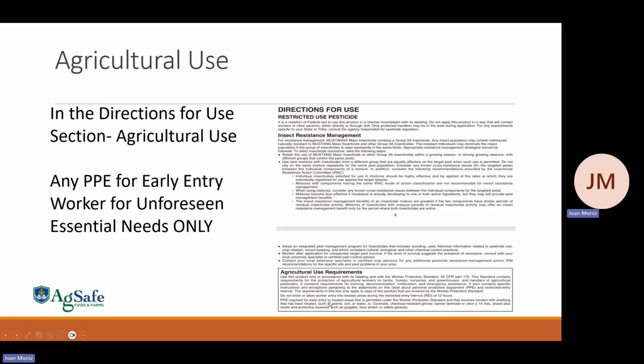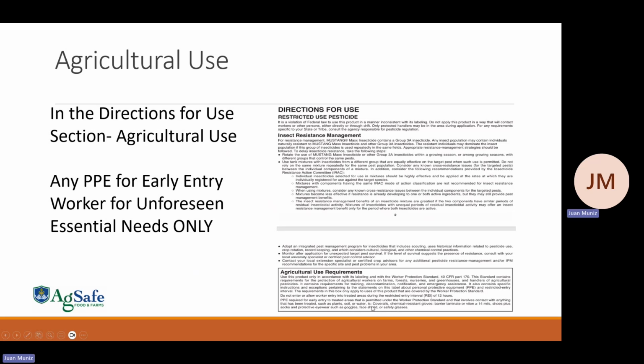That would be the early entry workers to treated areas that is permitted under the worker protection standard and that involves contact with anything that has been treated, such as plants, oil, soil, or water, that means that we must wear these following items: chemical coveralls, chemical resistant gloves, barrier laminate or Viton greater than 14 mils, shoes plus socks, and protective eyewear such as goggles, face shield, and safety glasses.